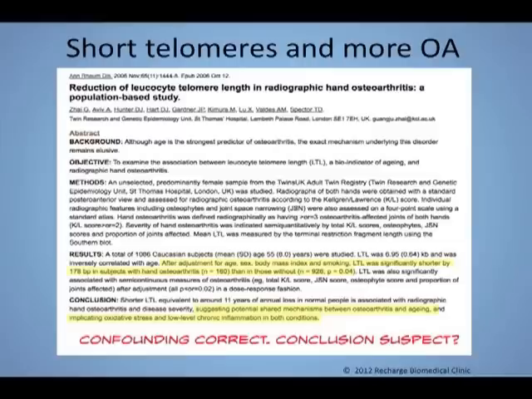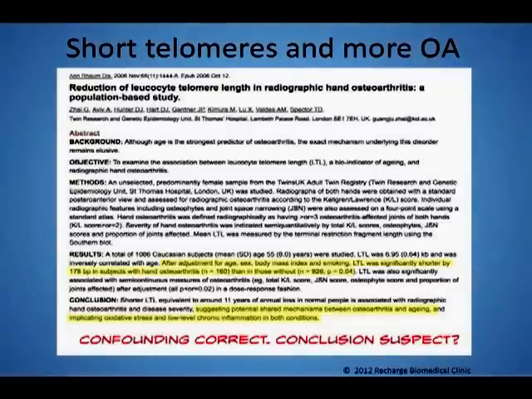So let's look at this study that was done in 2006, and they looked at hand osteoarthritis, and this would be 1,086 Caucasian subjects, and they do this thing called regression analysis, where they take out age, sex, body mass, smoking, and then when you control for all those contributions, the leukocyte telomere length was shorter when you had hand osteoarthritis than when not.